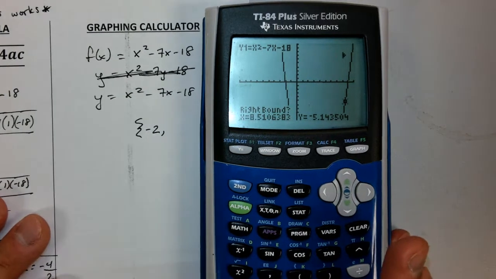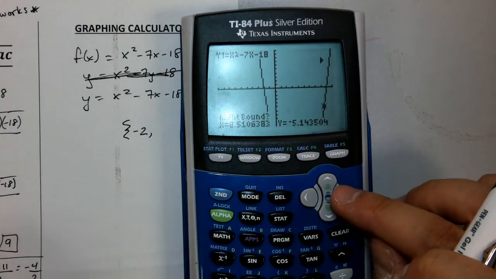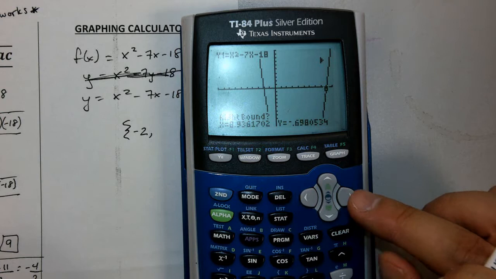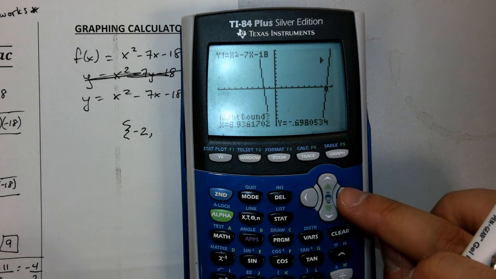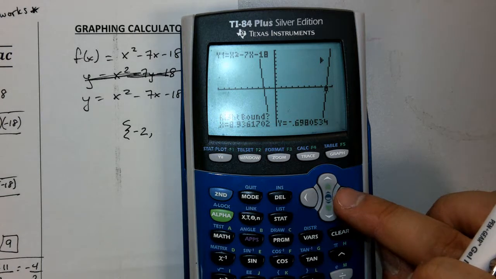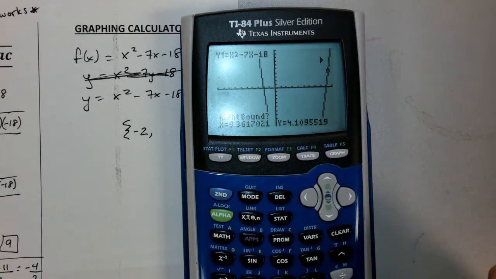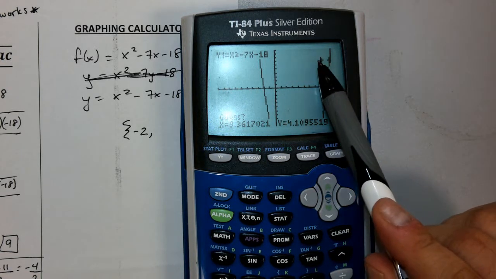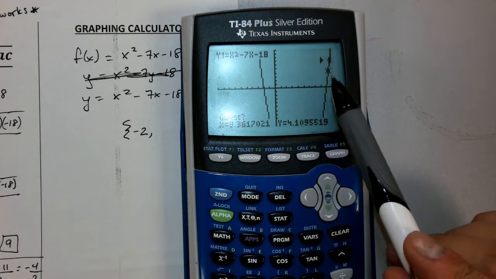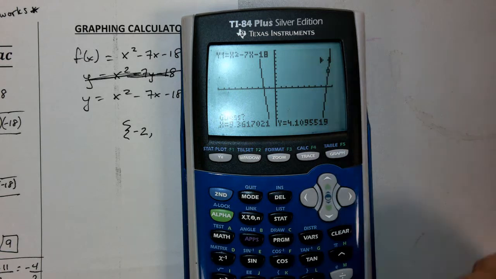Now it says you need a right boundary. So I'm going to go back to as close as I can to my x-intercept. I feel like I'm pretty close. And then you're just going to hit to the right a couple of times. 1, 2, enter. And it creates like this little arrow sandwich, if you will.